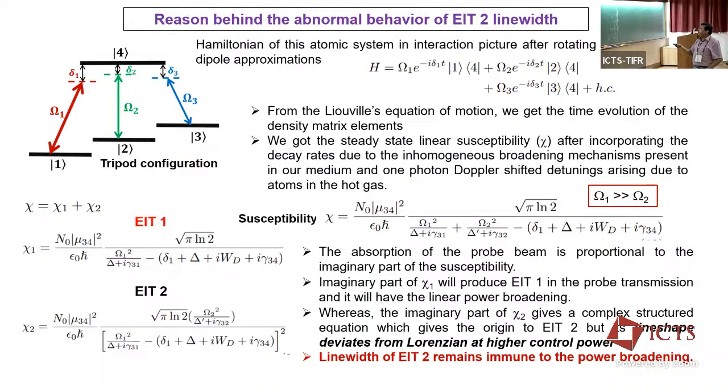For EIT1, this chi1 works, and it will have a linear power broadening. Whereas this chi2 takes a very complex structured form. This is not a Lorentzian, and it is what gives rise to EIT2, but its line shape deviates from Lorentzian at higher control power. Higher control power means as we increase this one. So EIT2 is present, but the line width of EIT2 remains immune to power broadening.